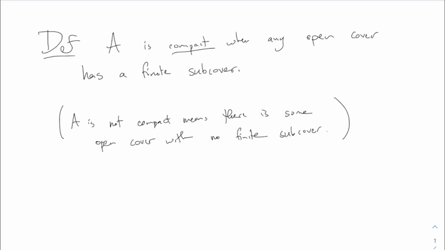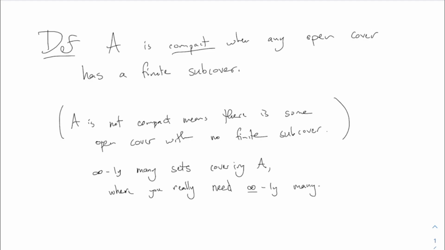What that would look like is something like infinitely many sets covering A, where you really need infinitely many. You cannot just do it with only finitely many of them.